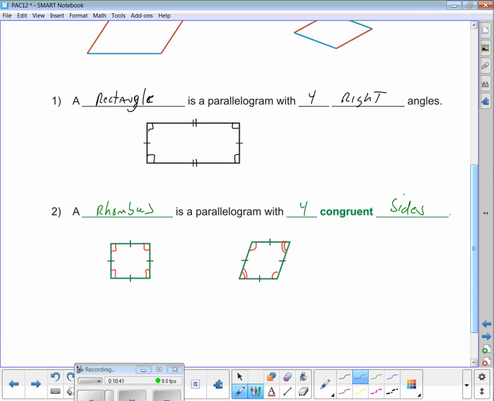Isn't it a parallelogram with 4 right angles? It is. A square is a parallelogram. A square is also a rectangle. And a square is also a rhombus. That square gets around a lot. All right, it fits a lot of categories. And so know also what a rhombus is, a parallelogram with 4 congruent sides.